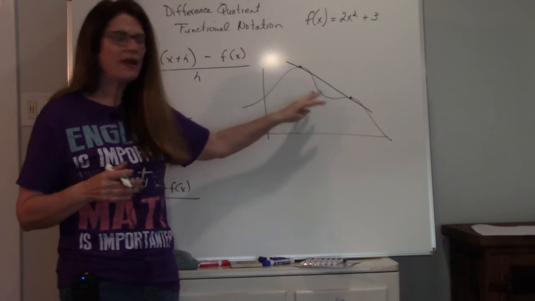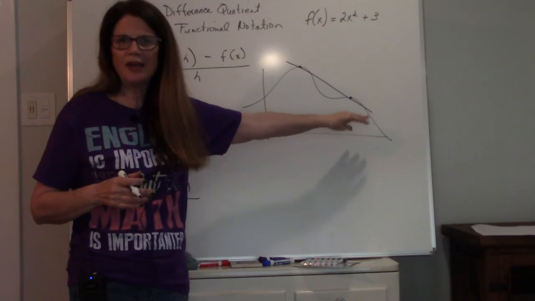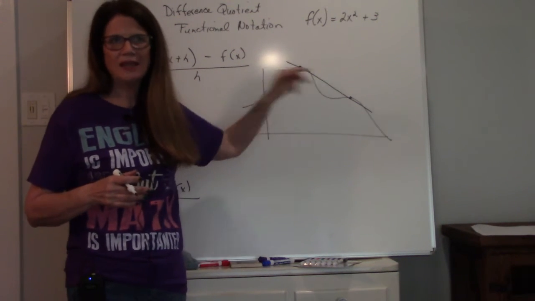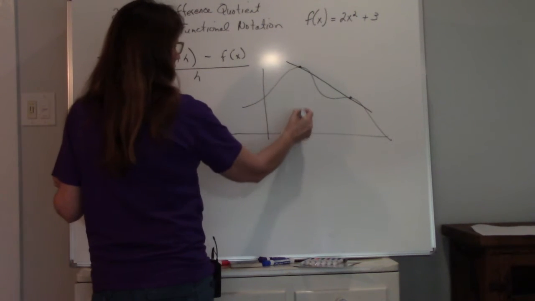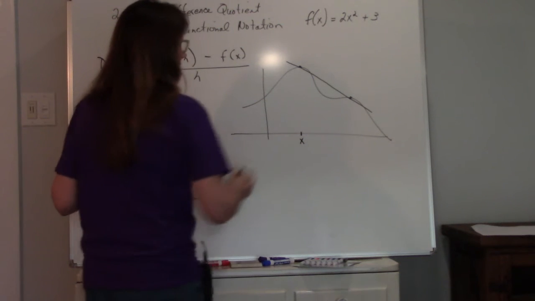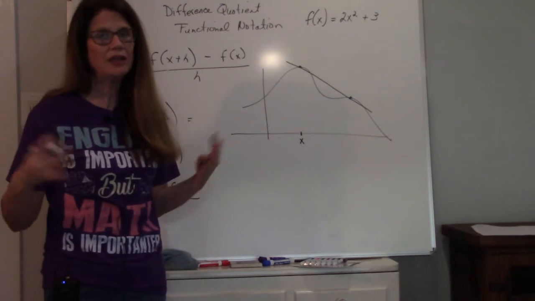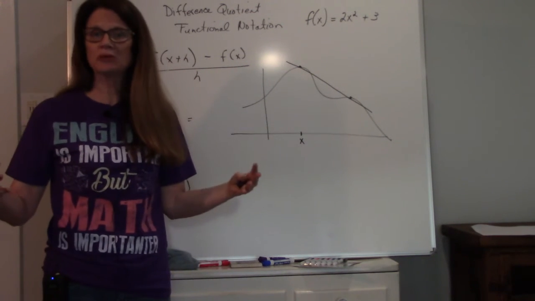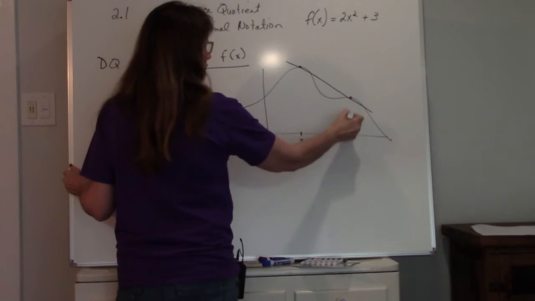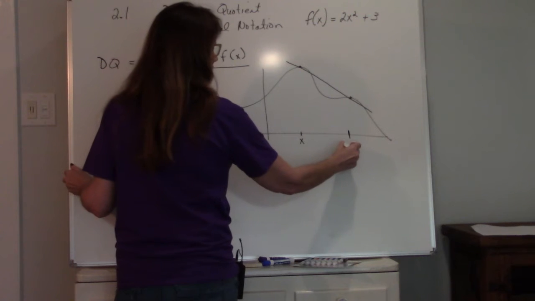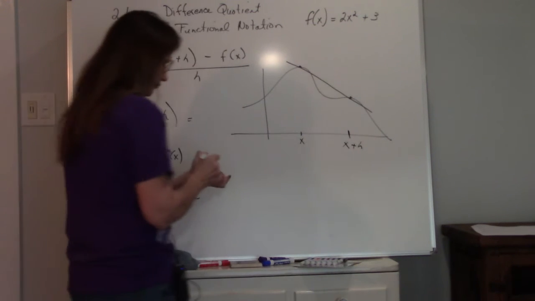But what we're looking at is how things change over time or over months or over days, that kind of thing. So if I was using this difference quotient and I called this value x, okay, so it's any x value, I don't know what it is, we don't really care at this point, we just know it's x. And I called this value here my x value plus whatever h is.